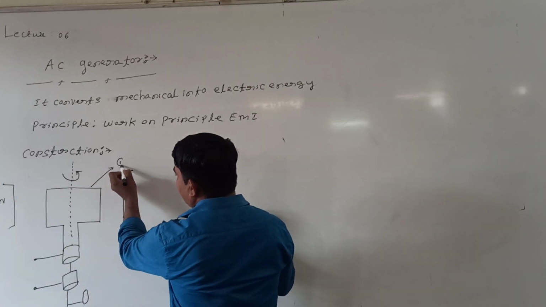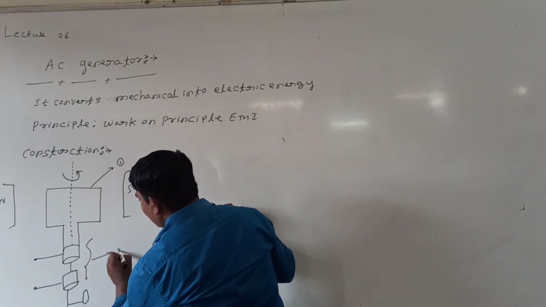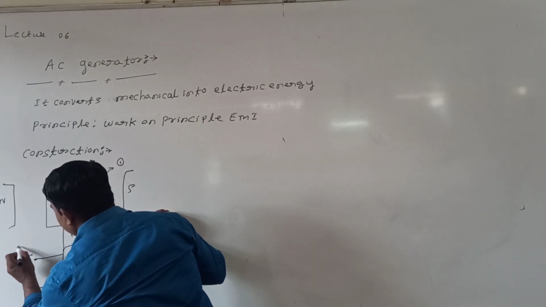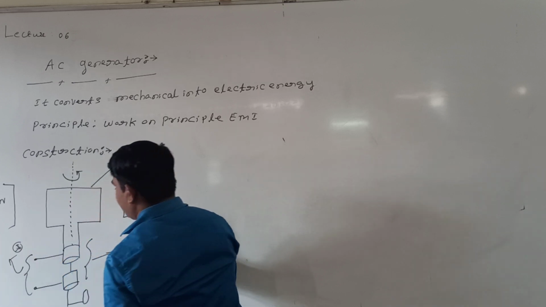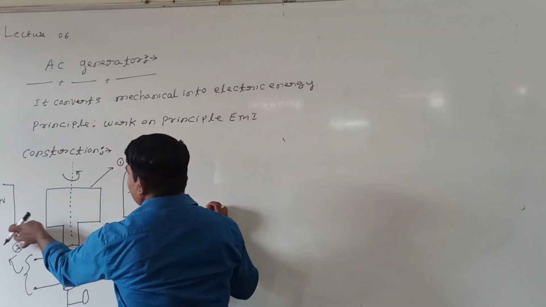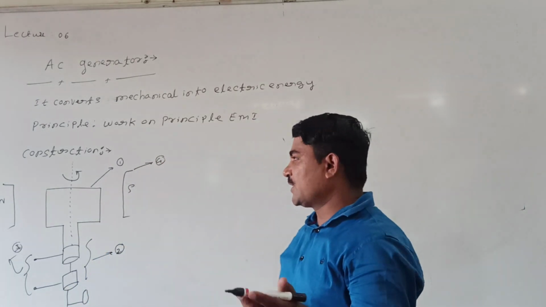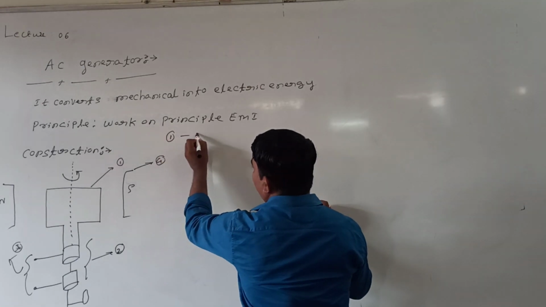This I can call part number 1. These two I can call part number 2. And this one is part number 3. And this is part number 4. Initially I will write what the parts are. Part number 1 I can call the armature.